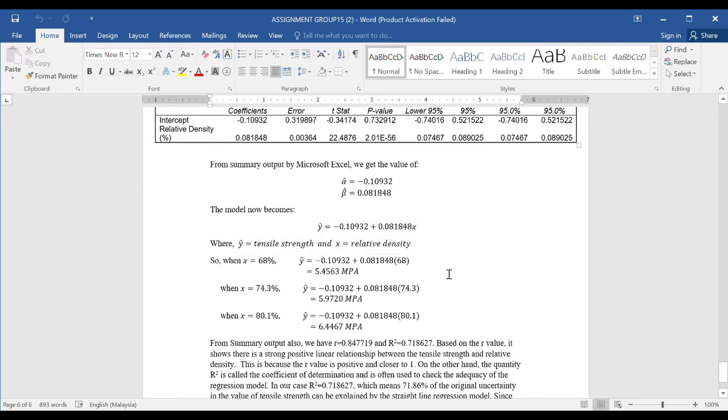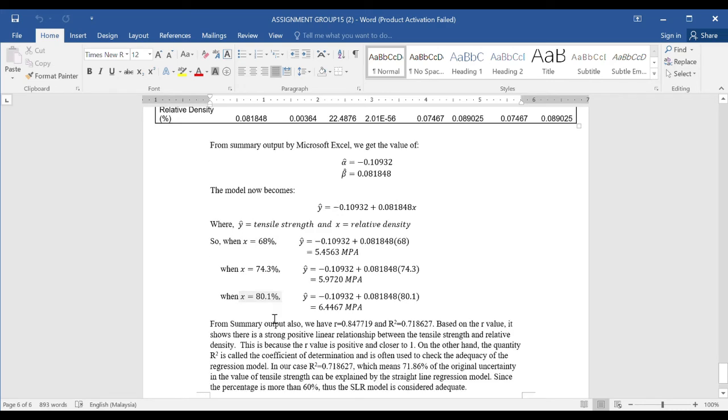So we can obtain the value of tensile strength equal to 5.4563 megapascal, 5.972 megapascal and 6.4467 megapascal for each value of relative density respectively.